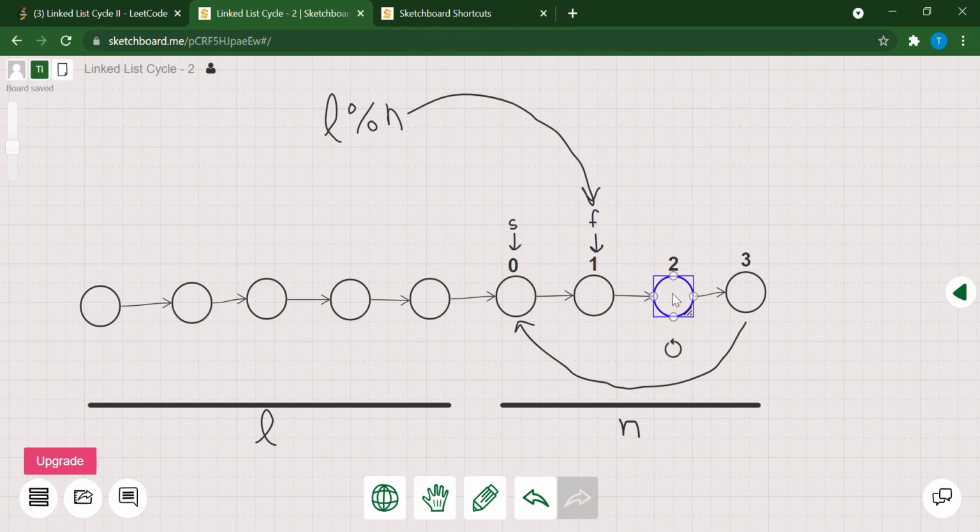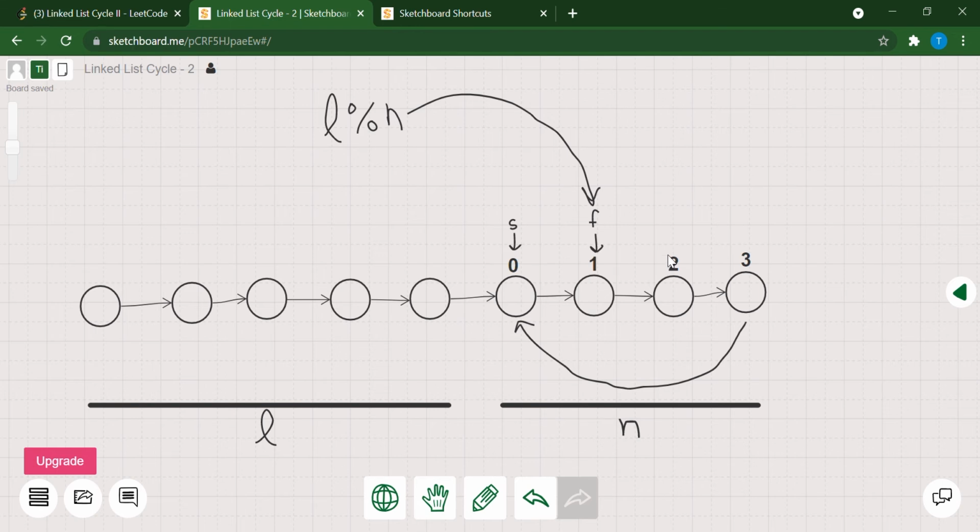So that'll just be 3 iterations, because in every iteration it'll become 1 node closer to the slow pointer and it's 3 nodes far away. So in 3 iterations it'll be right where the slow pointer is, even if the slow pointer moves, because the relative velocity between them is 1 for the fast pointer.